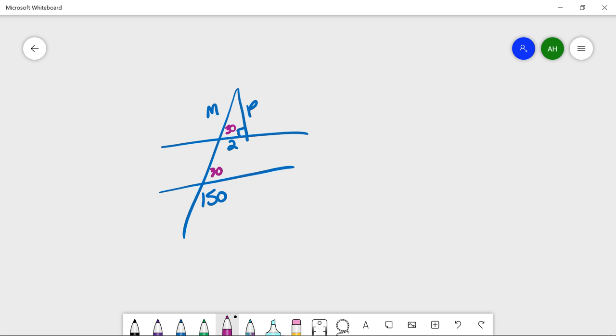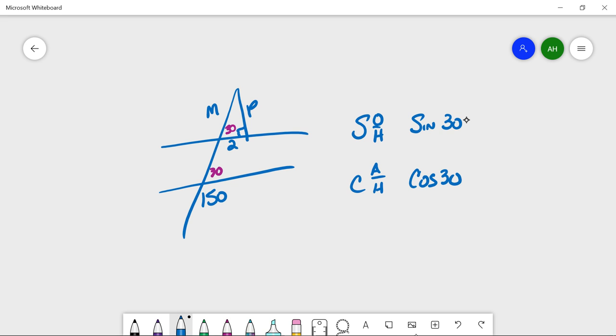All right, and so now remember our SOH CAH TOA, Oscar had a hold on Arthur. All right, so I'm going to be finding the sine of 30 degrees, and I'm going to find the cosine of 30 degrees.